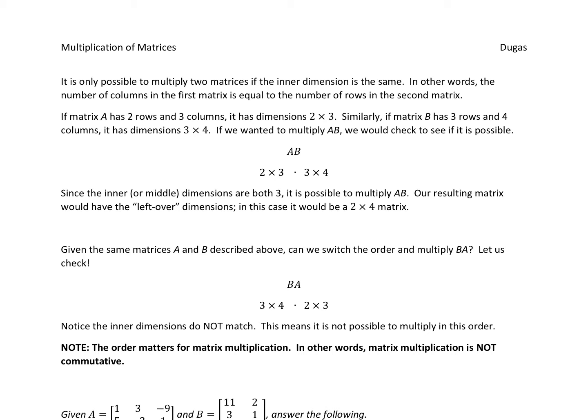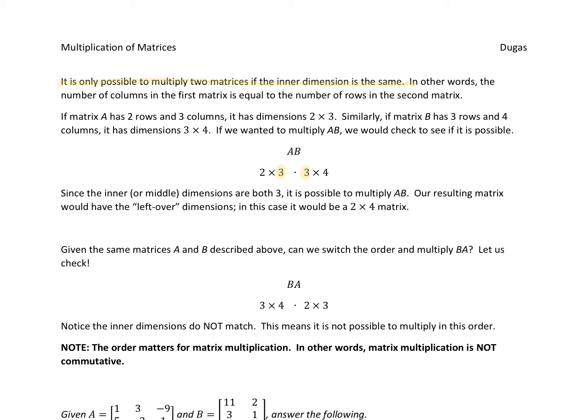The first thing you need to realize is that you can only multiply two matrices together if the inner dimensions are the same. That means the number of columns in the first matrix is the same as the number of rows in the second matrix. To me, that's kind of confusing. I just like to think of the inner dimensions being the same. So for example, if I have matrix A that's a 2 by 3 and matrix B that's a 3 by 4, and I want to multiply A times B, I can see that these inner dimensions, the 3's, match.